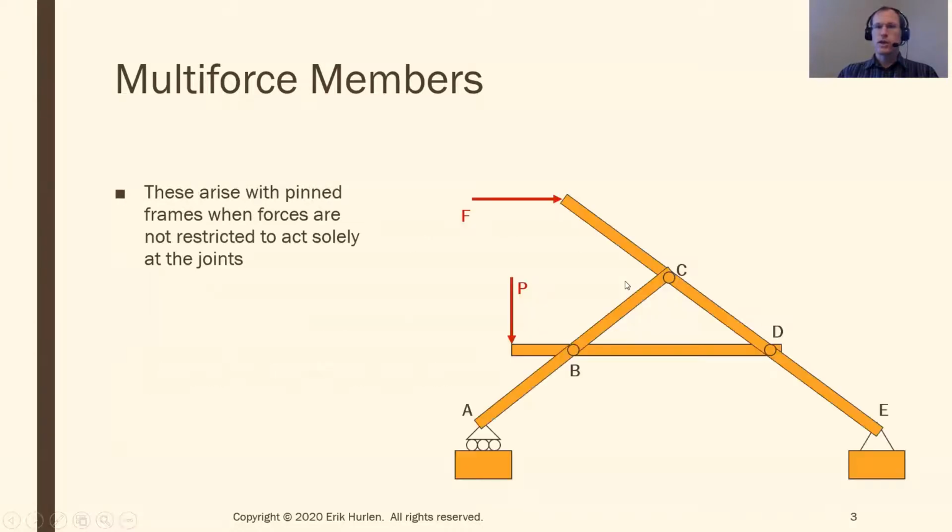So if I want to look at this member back here, member ABC, I'm going to take it, pull it apart, and then at joint B, there's going to be some external force that comes from this horizontal member. So this horizontal member can either be pushing or pulling on my original member at pin connection B. And so there'll be some forces, BX and BY, that arise from that.